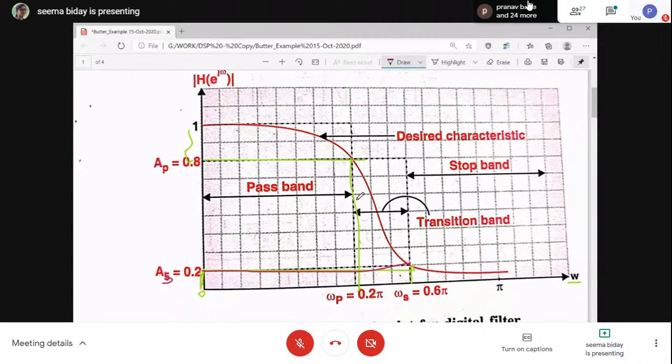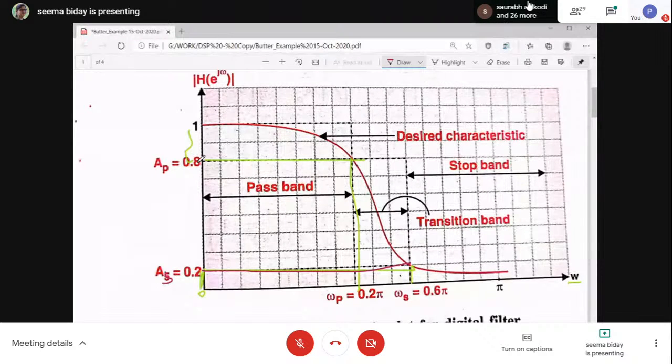It is a low pass filter because low frequencies from 0 to 0.2 pi are passed, and this is the tolerance which is acceptable. Actually, we should get all the frequencies, gain should be 1, but it can come down to 0.8. This is acceptable in practical designs.